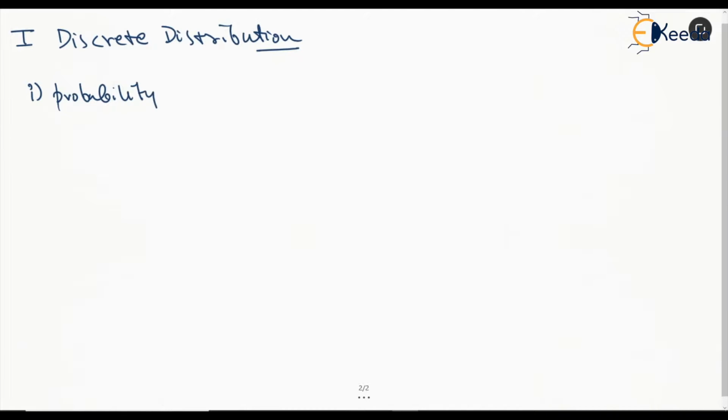So let's see the first one, which is the discrete distribution. That is, X and Y are discrete values, taking discrete values. The probability function, that is small f of x, y, will be given as probability for X equal to small x and Y equal to small y.